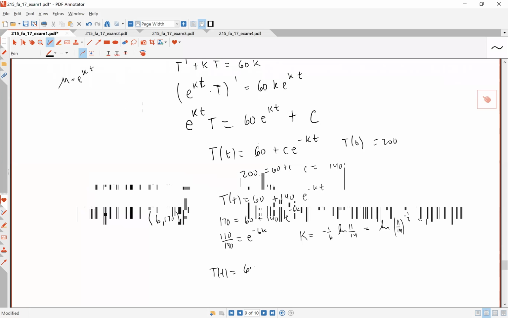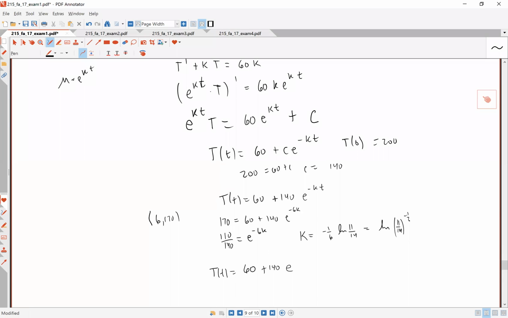T of t is 60 plus 140 e to the negative kt. What that gives us is the natural log of 11/14 t over 6.